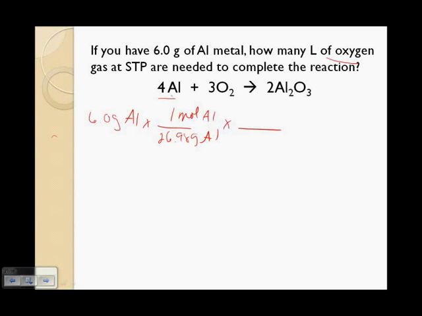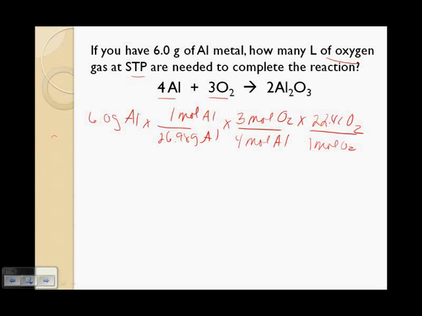So I need to look at the ratio of aluminum moles to oxygen moles, and what I know is 4 moles of aluminum will require 3 moles of oxygen. But I want to know liters of oxygen, and if you remember, 1 mole of any gas at STP, which is what it says here, is 22.4 liters. So 1 mole of oxygen is 22.4 liters of oxygen.